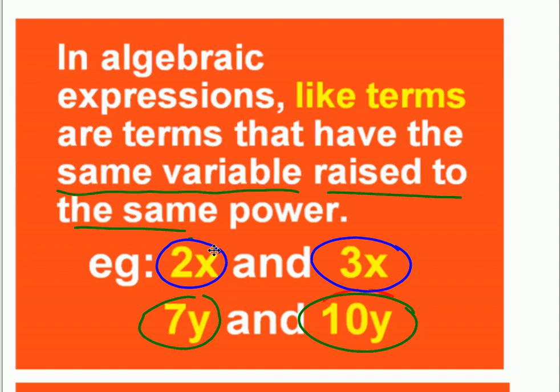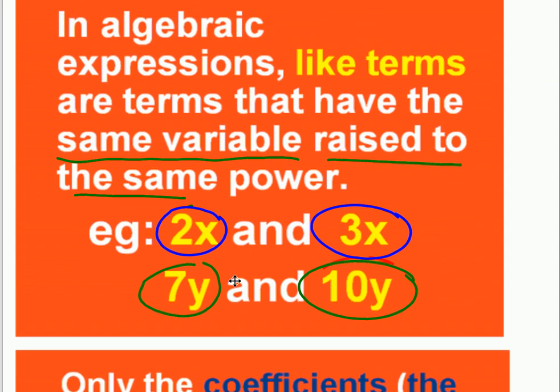Doesn't matter that the coefficient is different, so 2x and 3x, that's fine, they're still like terms so long as they have the same variable raised to the same power. Similarly, 7y and 10y are examples of like terms because they have the same variable. They have different coefficients, but that doesn't matter. They have the same variable raised to the same power. So the variable is y and the power is 1. We just don't bother to write the 1.